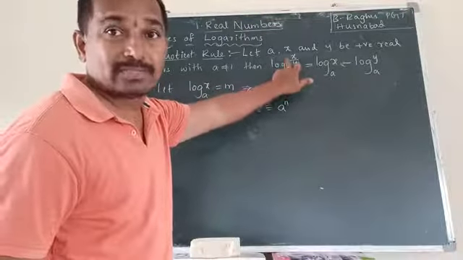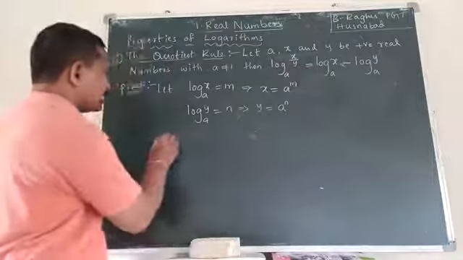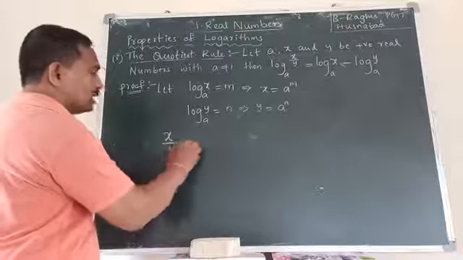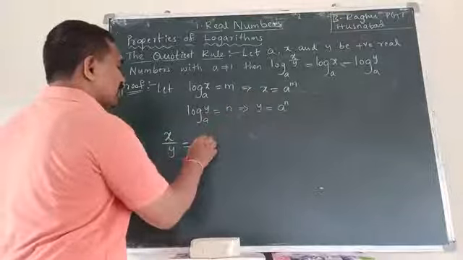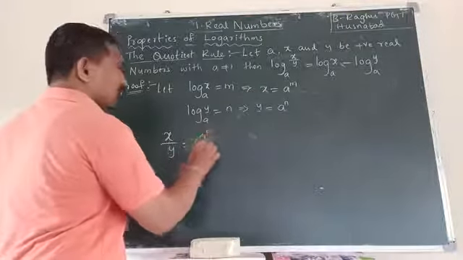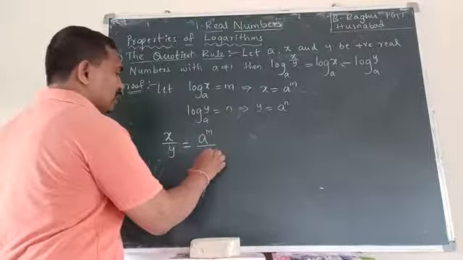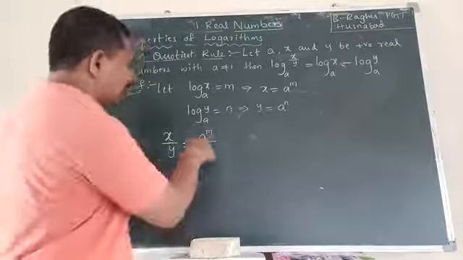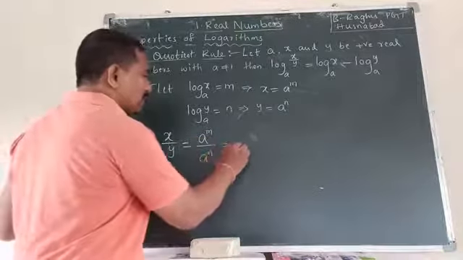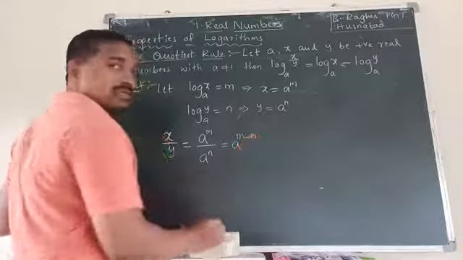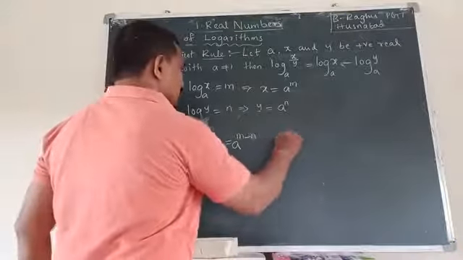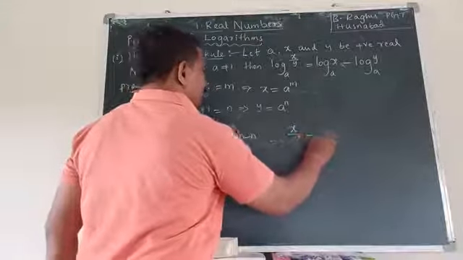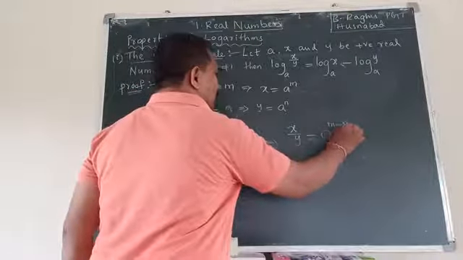So let us take x by y equals a power m by a power n. Using the exponent form, this can be written as a power m minus n. That is, x by y equals a power m minus n.